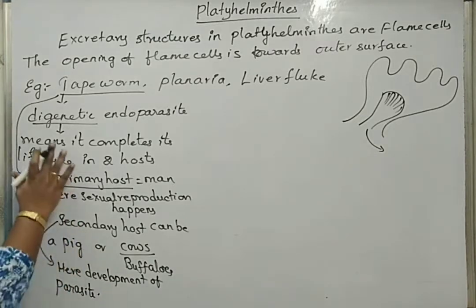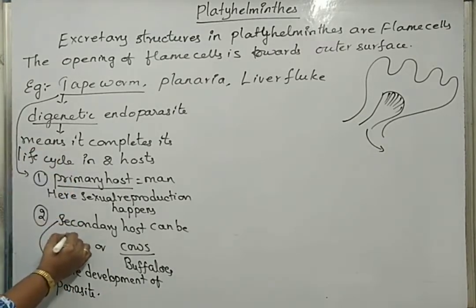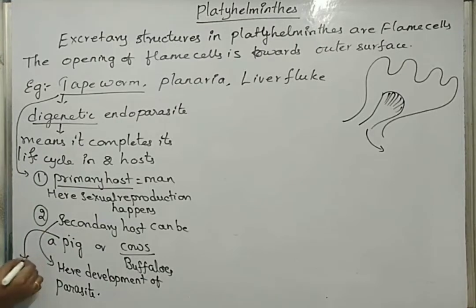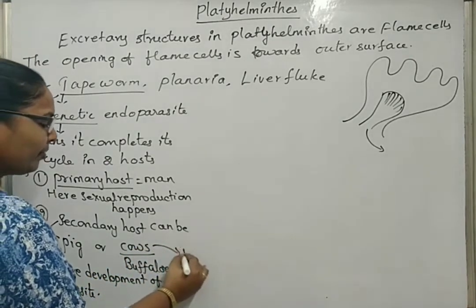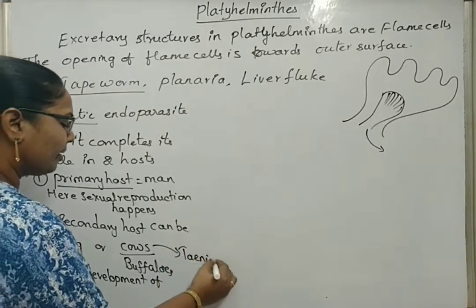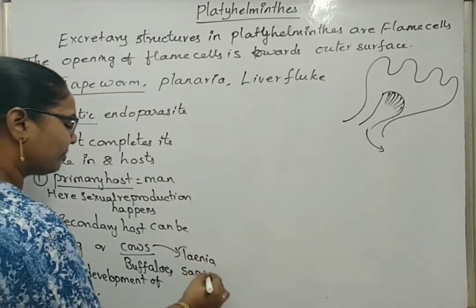In pig, the tapeworm type is Taenia solium, and in cows, Taenia saginata.